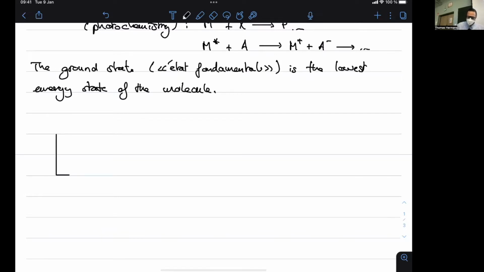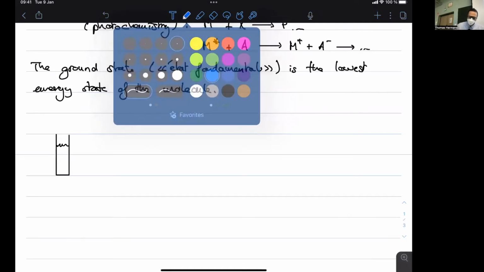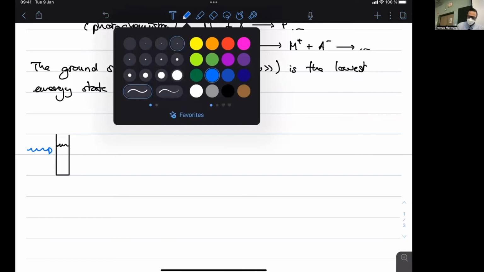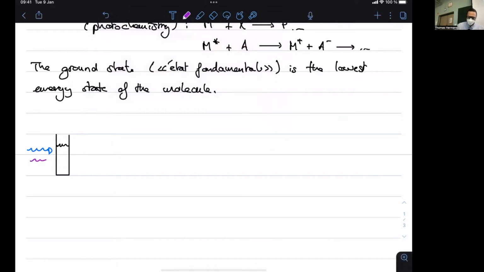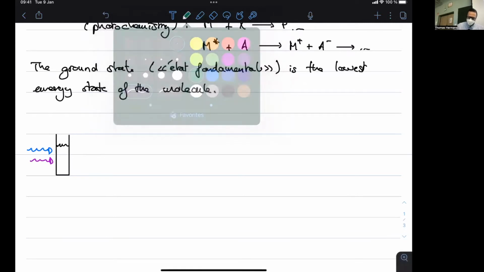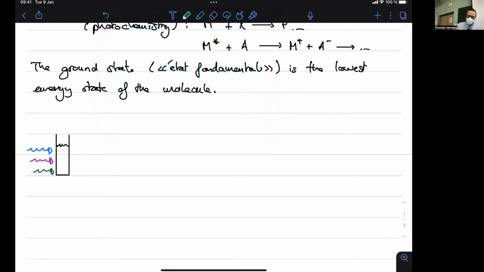Okay, so what is a typical experiment? You take a cuvette. Cuvette is usually made of quartz, something that is optically nice. And you will put all kind of colors of light. Okay, maybe some blue. I mean, typically you put white light, right? So white light has all these different colors. And then what happens?